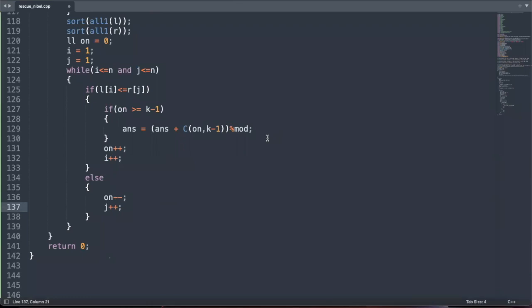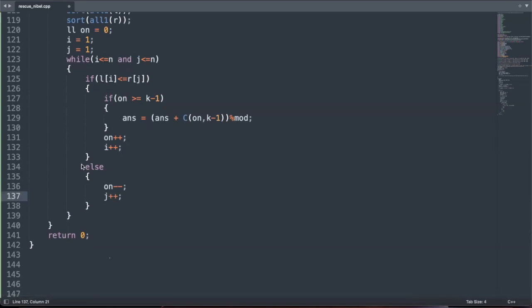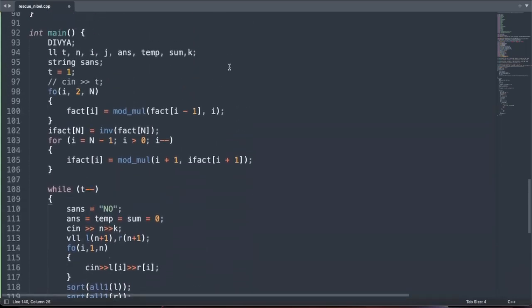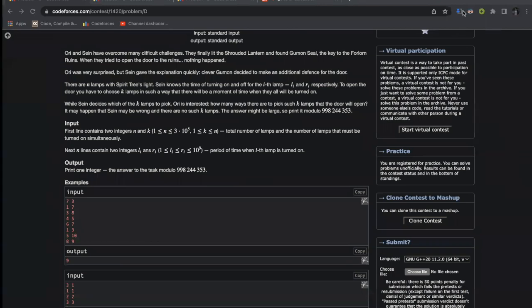Yeah, so I'm not doing L of i is less than R of j because these intervals are not inclusive. So at R of j, this lamp strictly turns off. Okay, so this should basically do my job. Looks good to me. Let's just see if it runs.